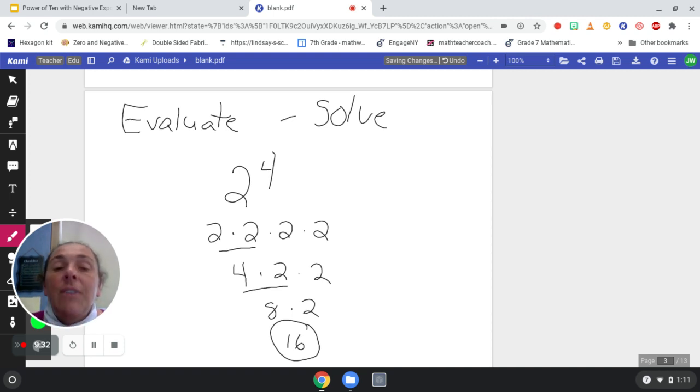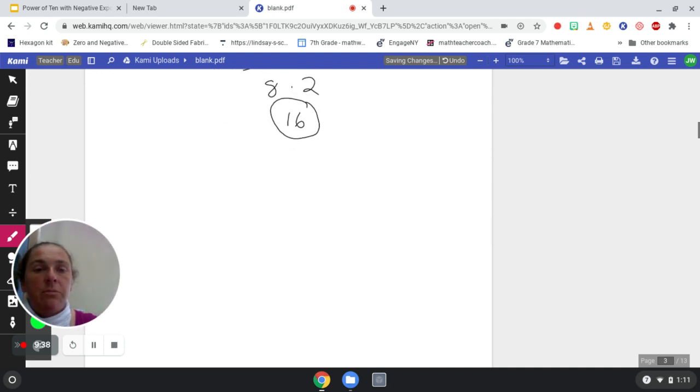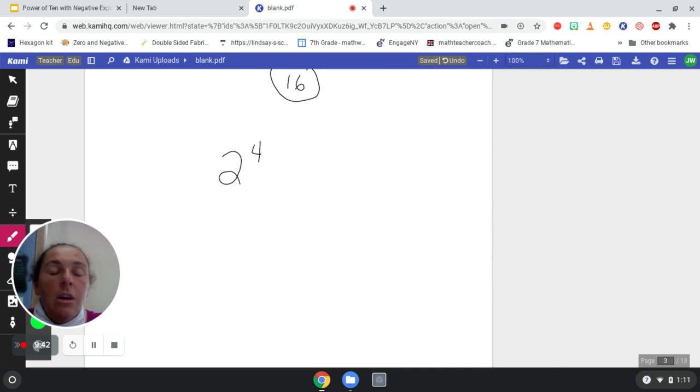Now, if I'm having to use a calculator, okay, I'm going to scroll down. We're going to have the same number. So if we have 2 to the 4th, on a calculator, sometimes you see a key that says X and then it has a little Y up top. That's using your exponents. So if I was to key this in on my calculator, I would put in 2 first because that's my base number.